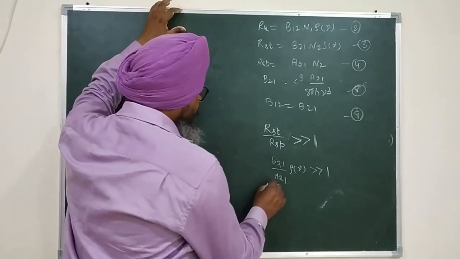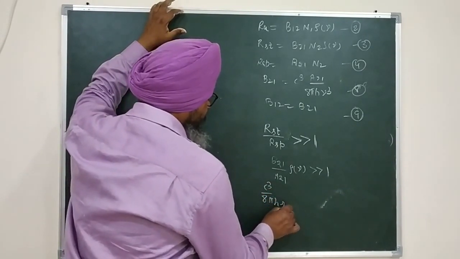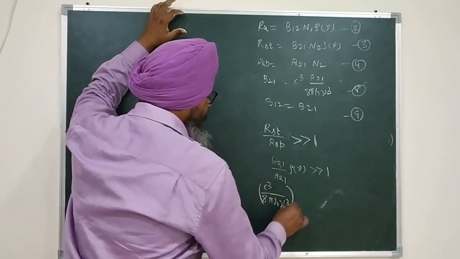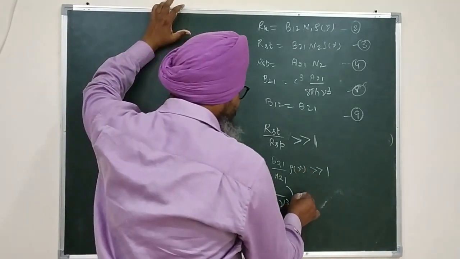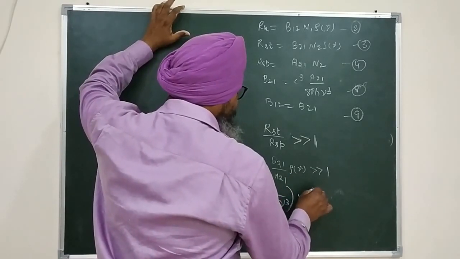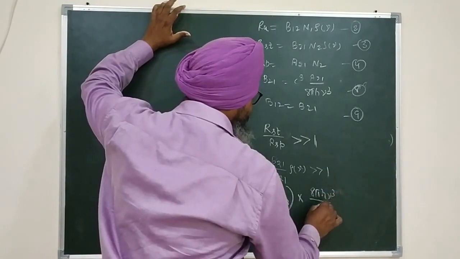So therefore c cubed upon 8 pi h nu cubed, and the value of rho nu from the theory of black body radiation we already know. I have erased that value, but I remember its expression. It was this one.